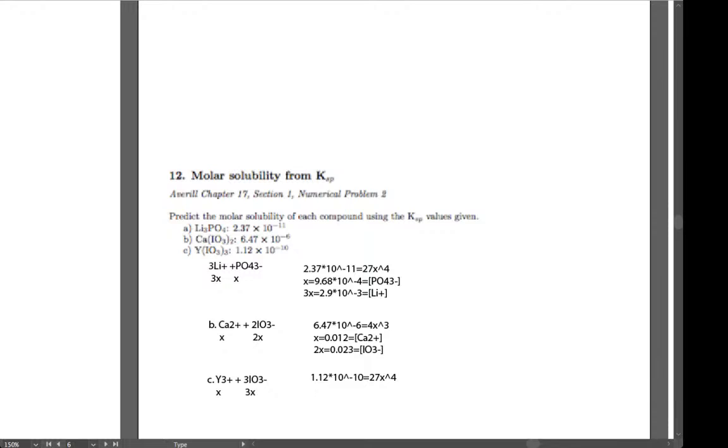1.12 times 10 to the power negative 10, and then we divide that by 27, and then after that you take the, I don't know, the tesseract root of the answer.